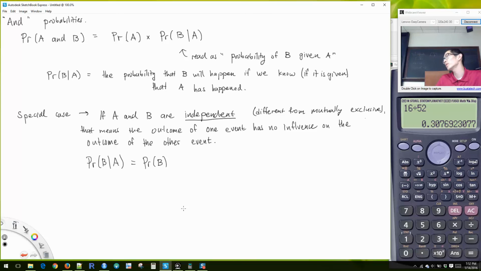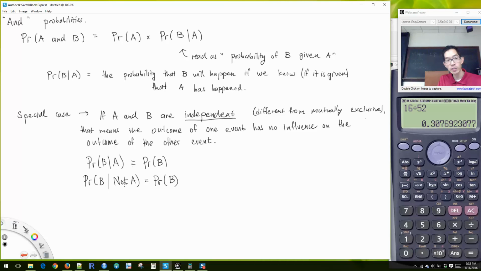B doesn't care. The probability that B is going to happen is the probability that B is going to happen. It doesn't care if A has happened or not. So the probability of B given A is just the probability of B. I could say the probability of B given not A, that A hasn't happened, is also going to be the probability of B.